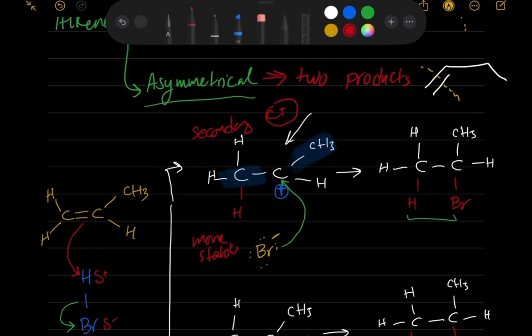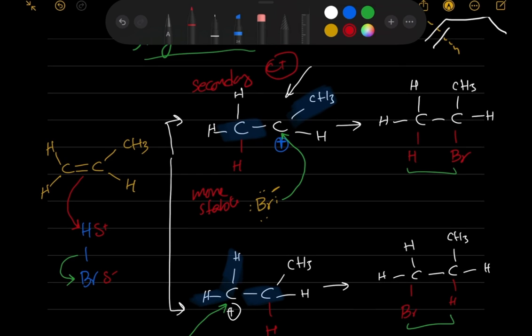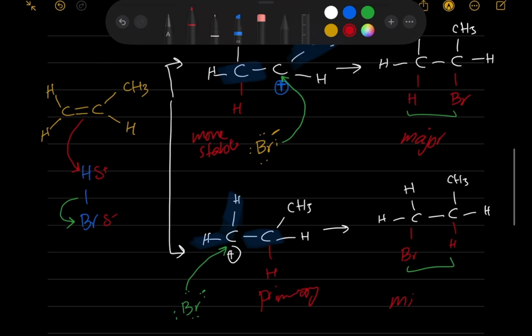If you look at the other carbocation here, you can see that the carbocation is bonded only to one alkyl group and the other guys here are hydrogen. So this one here is a primary carbocation, which means that the compound with the more stable carbocation is the major. Major compound means it is present in the mixture in greater amounts. So this is the major compound, and this one here is the minor.